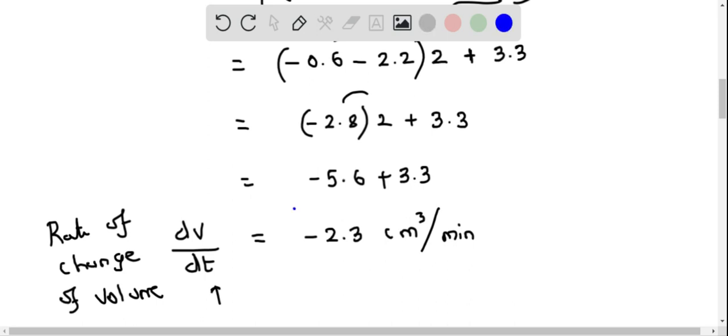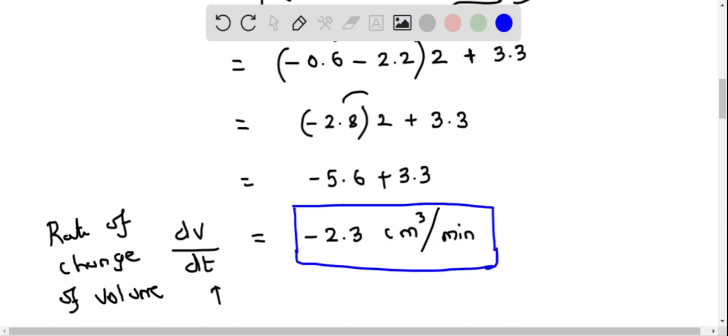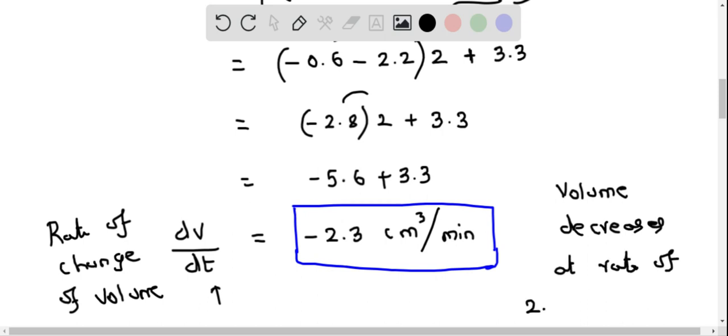So we have found the rate of change of volume as negative 2.3 centimeter cube per minute. Otherwise, we can also say that the volume is decreasing at the rate of 2.3 centimeter cube per minute. But the rate of change of volume represents this quantity, that is negative 2.3 centimeter cube per minute.